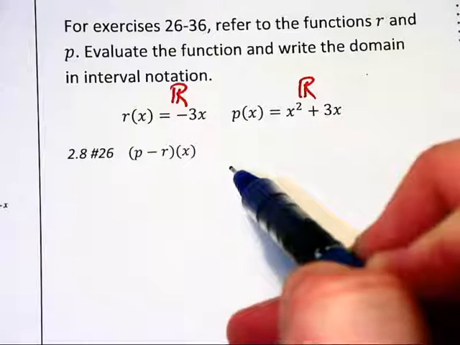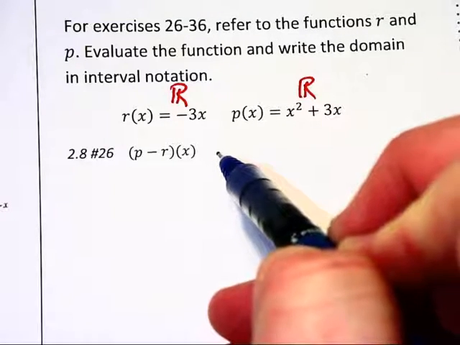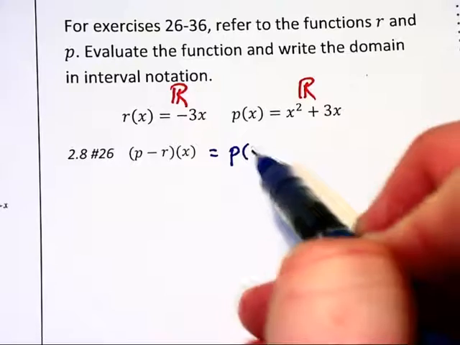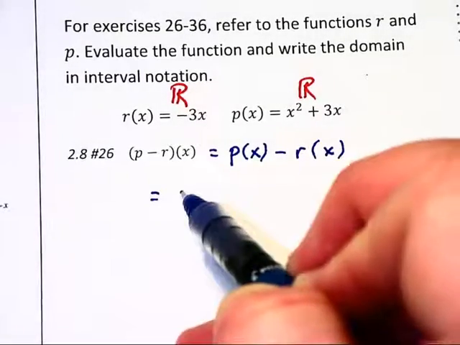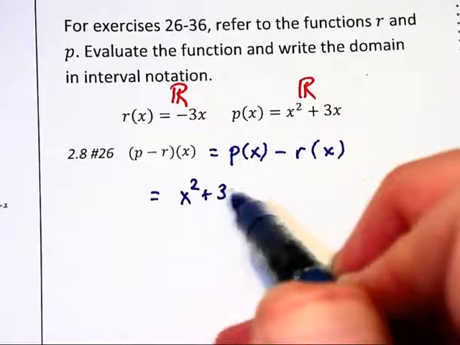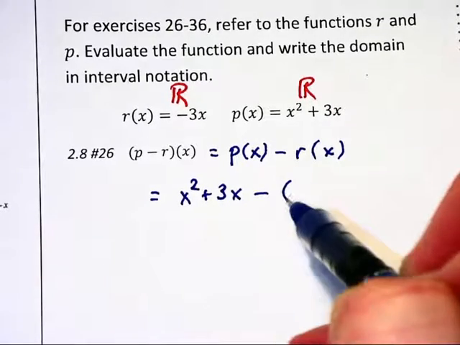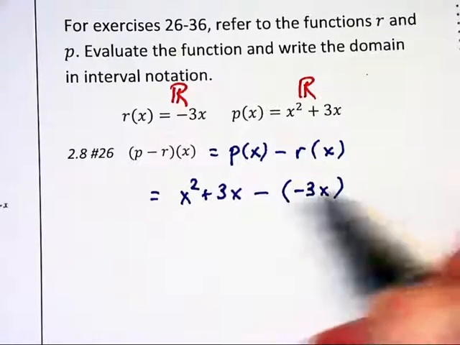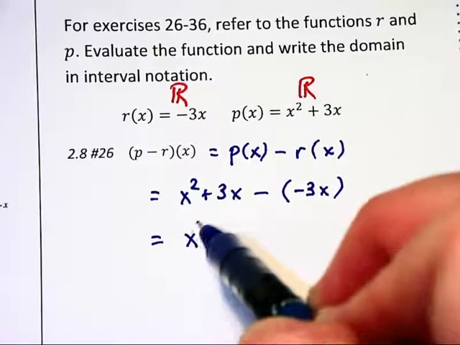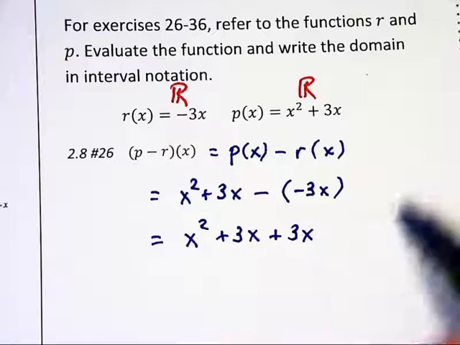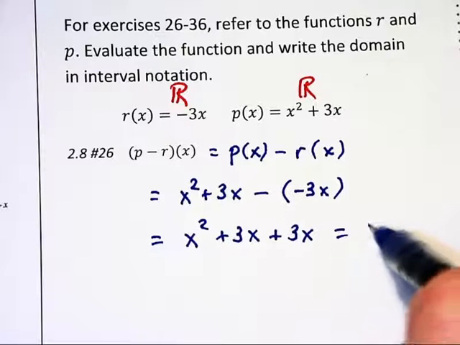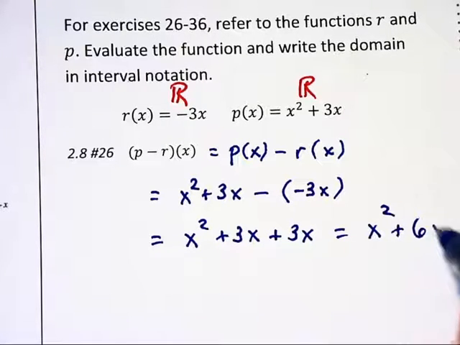What we want to do is find (p-r)(x). This will equal p(x) minus r(x). p(x) is x squared plus 3x, minus r(x), which is negative 3x. So we're going to have x squared plus 3x again, which is going to equal x squared plus 6x.